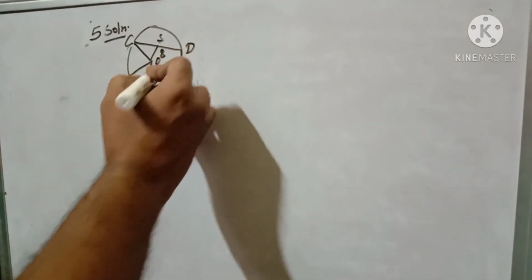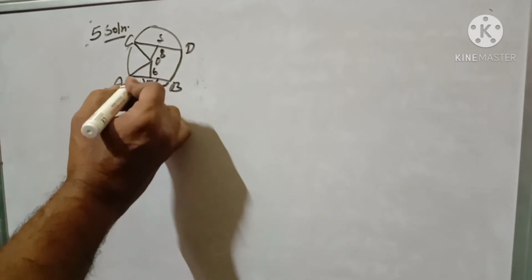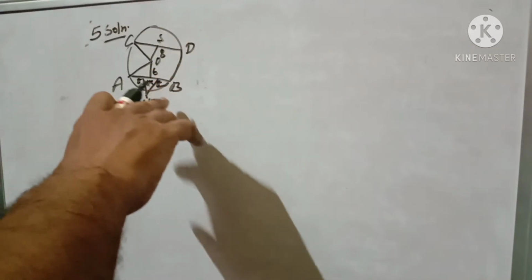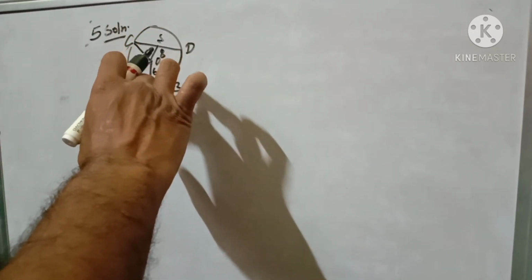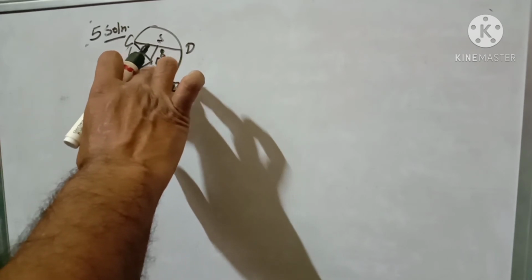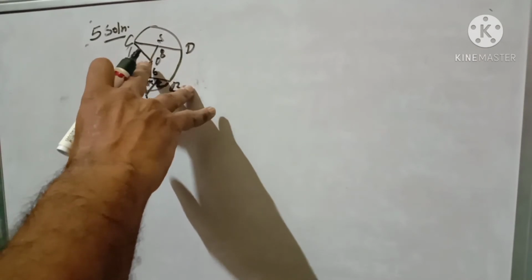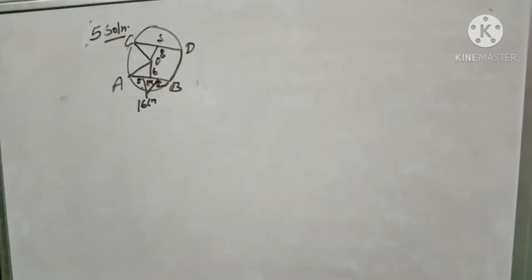Here one chord is given whose length is 16 centimeter. If this is 16 this will be 8 and this will be also 8, because as we know M is the midpoint and OM, the distance, is given 6 centimeter, and in the other chord CD, the distance from center to that chord is given, ON is 8 centimeter.